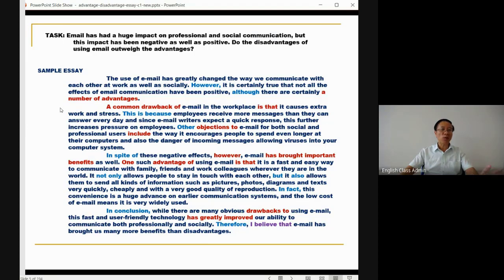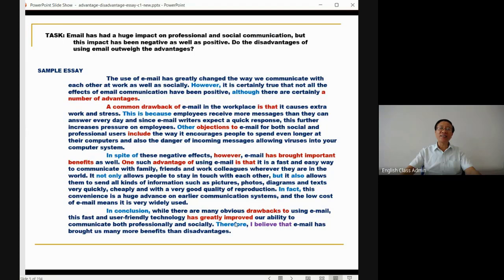So we should spend 1 or 2 paragraphs discussing one aspect, for example, discussing the advantages, and the other paragraph should be devoted to discussing the disadvantages, and do not mix advantages and disadvantages in one paragraph. Okay.